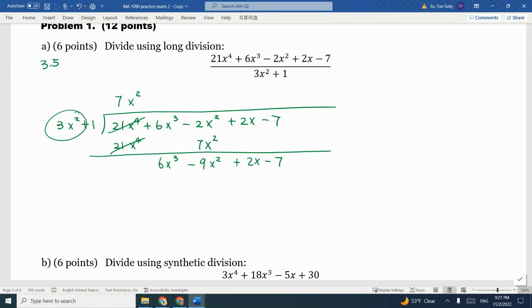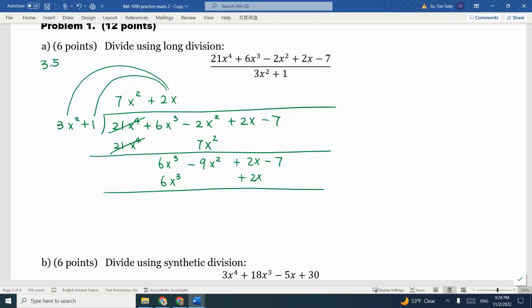What multiplied by 3x squared to get 6x cubed? 3 times 2 is 6. X squared times x is x cubed. Okay, so now we distribute. 2x times 3x squared is 6x cubed. 2x times 1 is 2x.